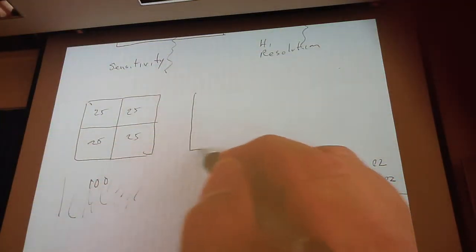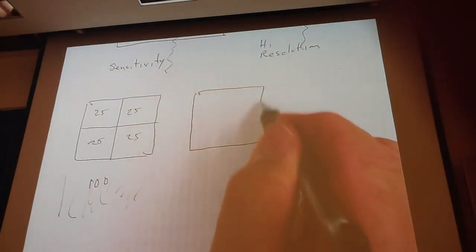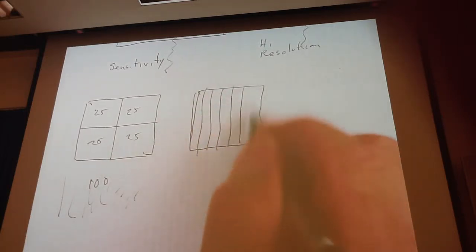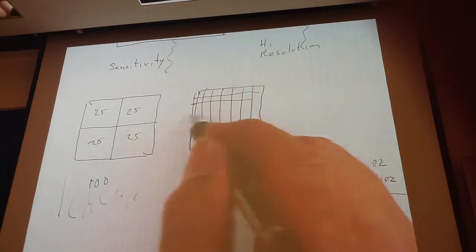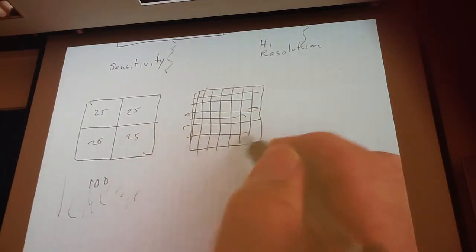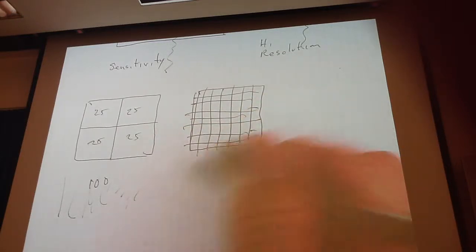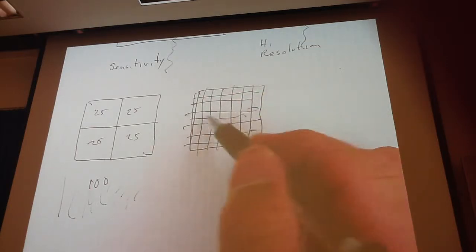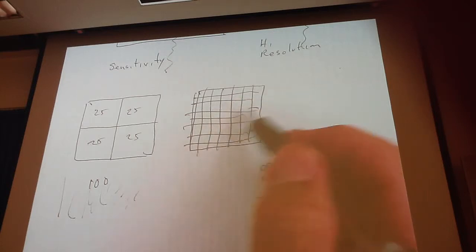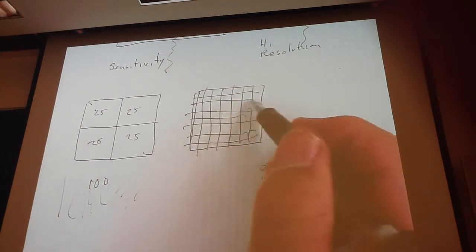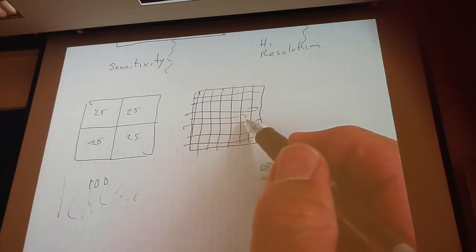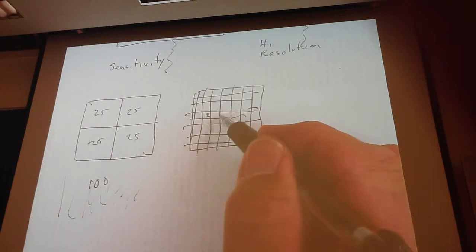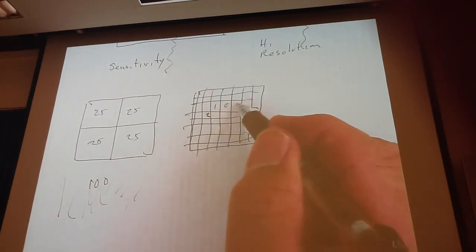But if I go to a 10 by 10 matrix, okay, now there's more options. I might have one photon in each address, or I might have a two or a couple. So what's going to happen now is this is going to create what we call a grainy or noisy image. Does that make sense? So I might have like 2 here, and 1 here, and 0 here, and 4 here.